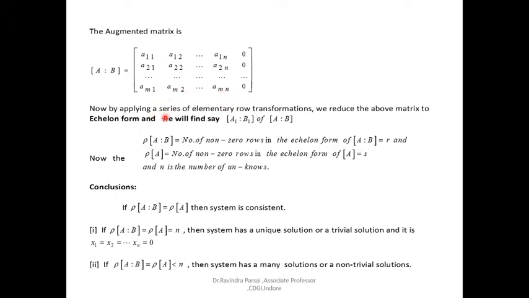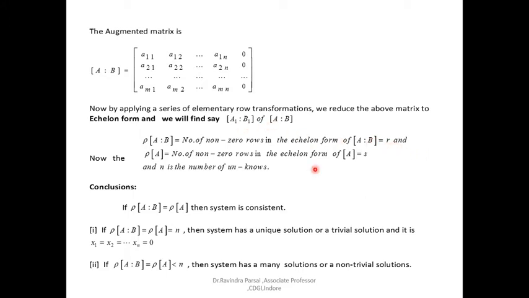Now by a series of elementary row transformations we can reduce this matrix to echelon form, and then we get A1 B1, the echelon form of the augmented matrix. To find the rank of this augmented matrix, you count the number of non-zero rows in the echelon form A1 B1.